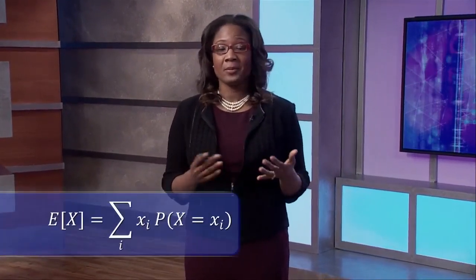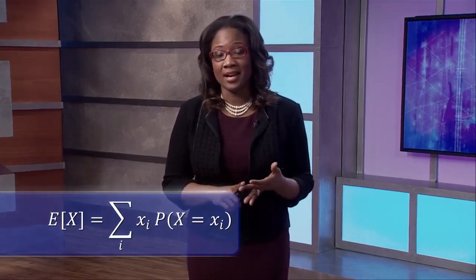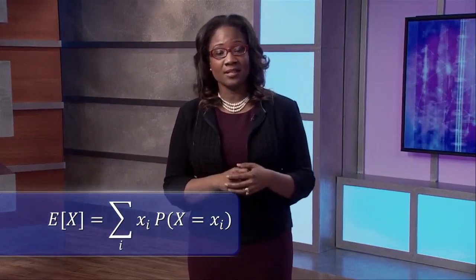Now, suppose if x heads come up, I win instead x squared dollars. Now how much should I be willing to pay? Well, here we're looking at the expected value of a function of x, in our case, x squared. Well, the expected value of a function, we just plug that into our formula. Remember, for E of x, we had the sum of x times the probability that x equals x.